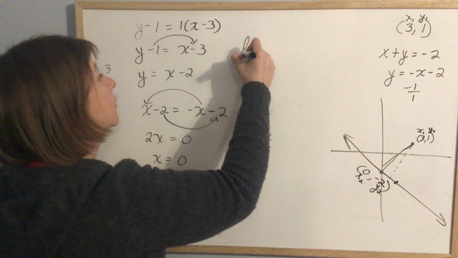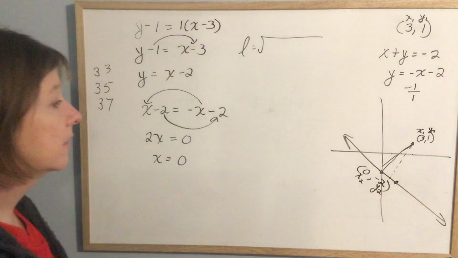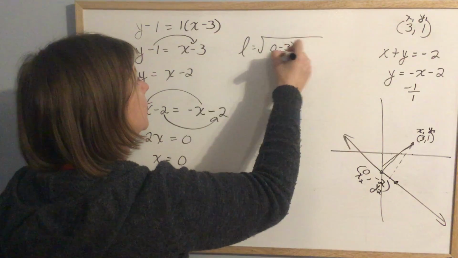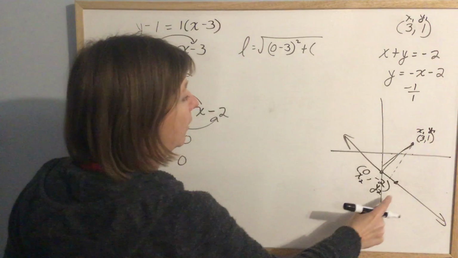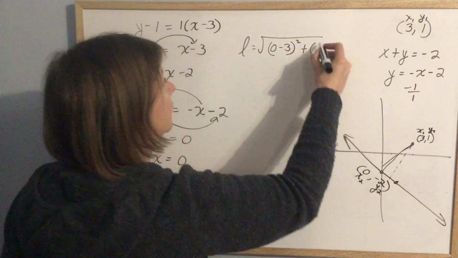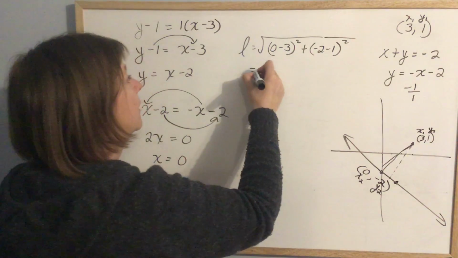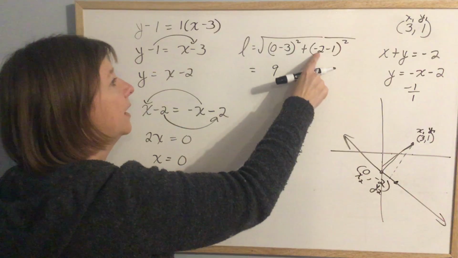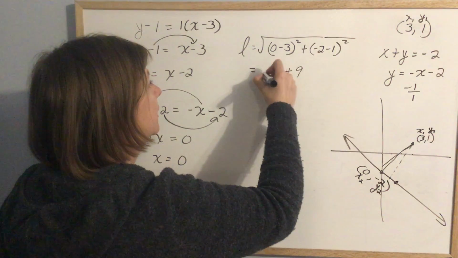So again, length formula is the square root of x2 minus x1. So 0 minus 3 squared, and y2 minus y1, negative 2 minus 1 squared. So 0 take away 3 is negative 3, squared is 9. Negative 2 take away 1 is negative 3, squared is also 9.